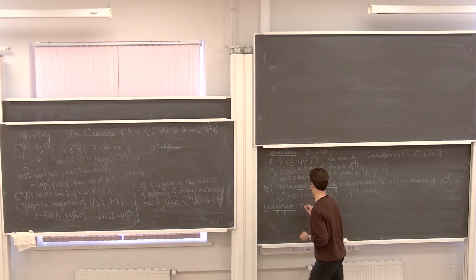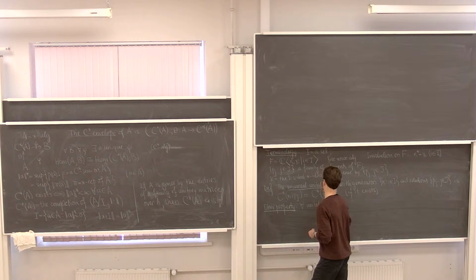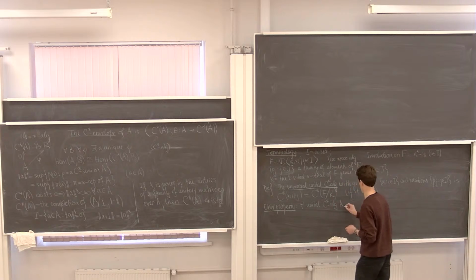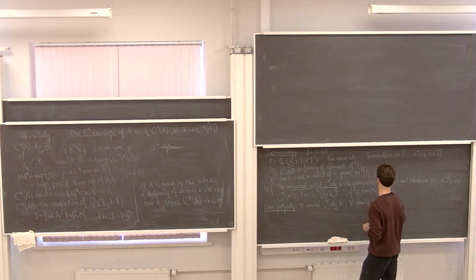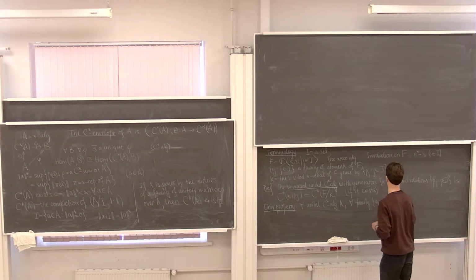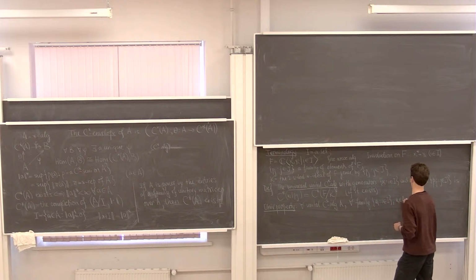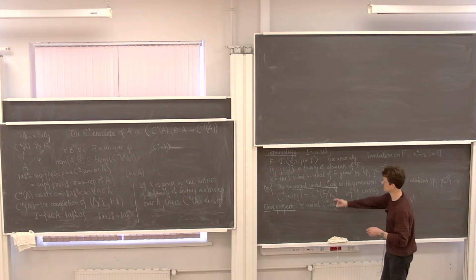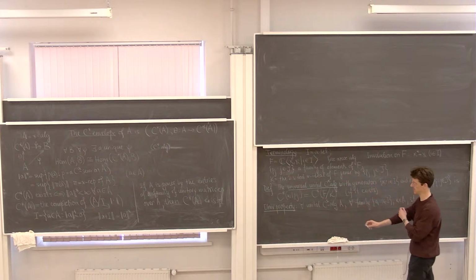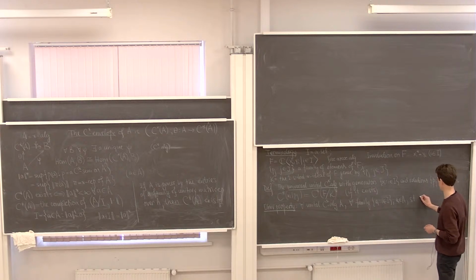For every unital C-star algebra A, and for every family of elements ai of A, such that these non-commutative polynomials vanish at ai and ai star, Pj applied to ai, ai star vanishes for all i and j.